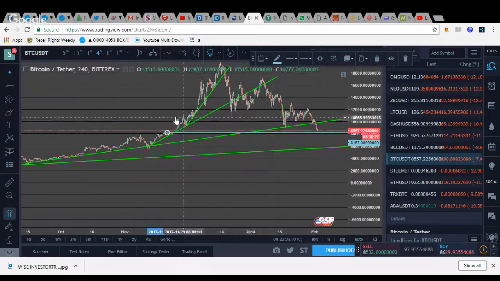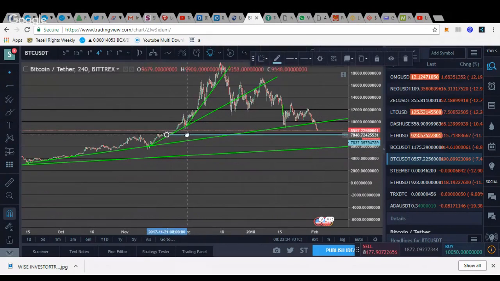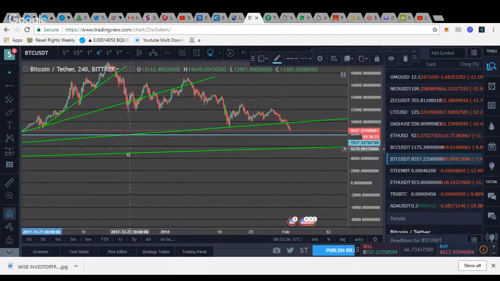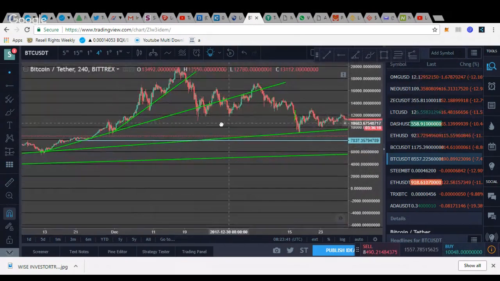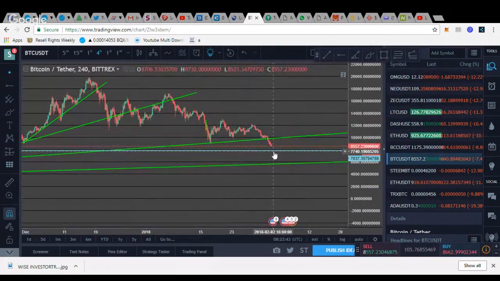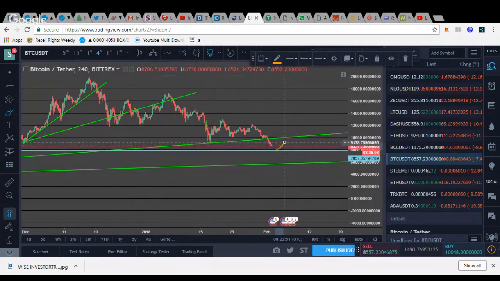If it decides to bounce here, then it will test this line again. If it bounces here, that means it will test this support, based on the pattern forming here.